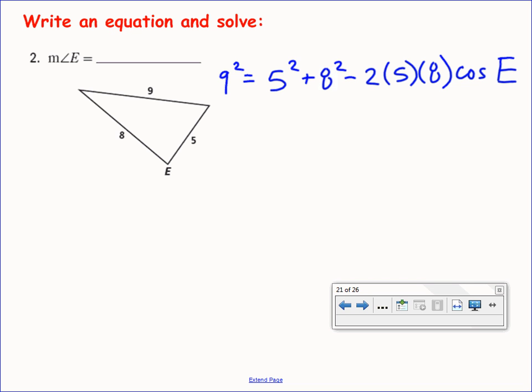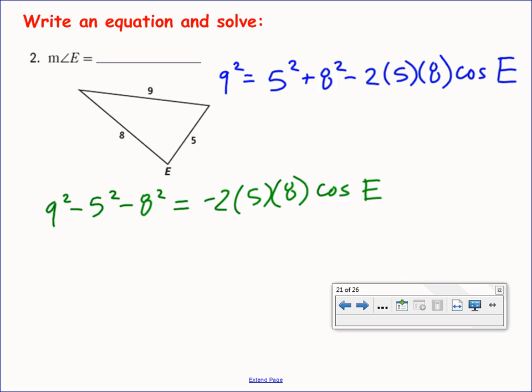I prefer to do this in one entry in my calculator, that way I'm less likely to mess stuff up or carry over my answer in order of operations. However, many of you will like to evaluate this first, and the choice is yours. I just want to make sure that you're not making a mistake. So I'm going to subtract over my 5 squared, my 8 squared. Then I'm going to divide both sides by the opposite of 2 times 5 times 8.